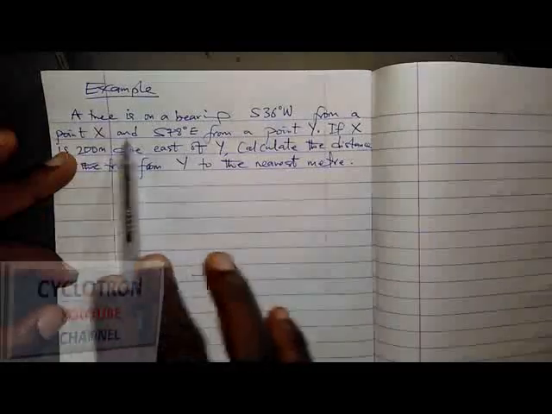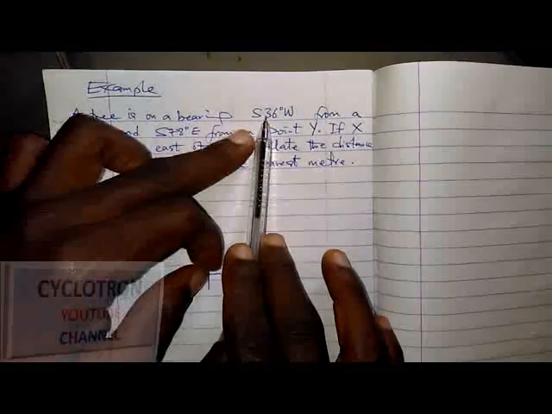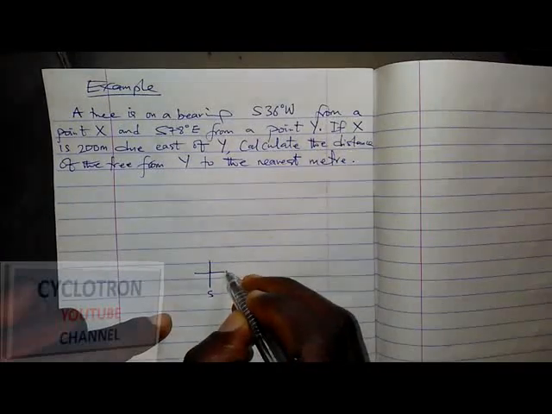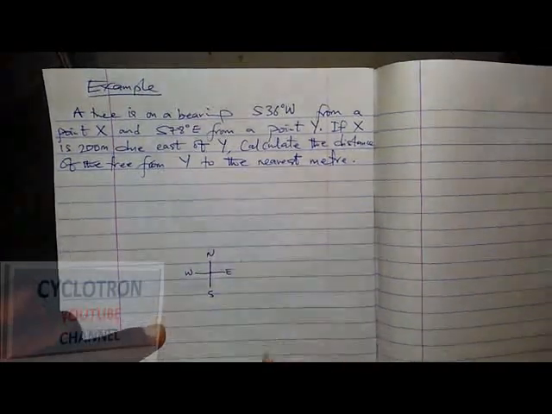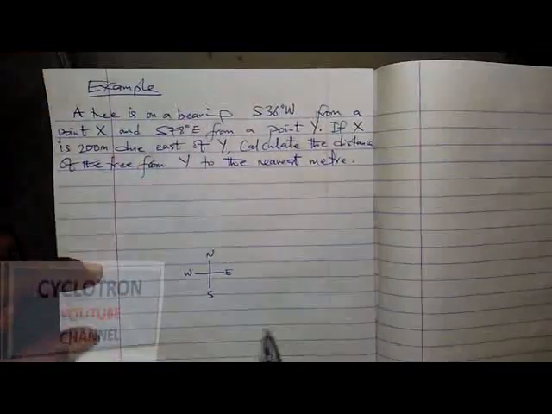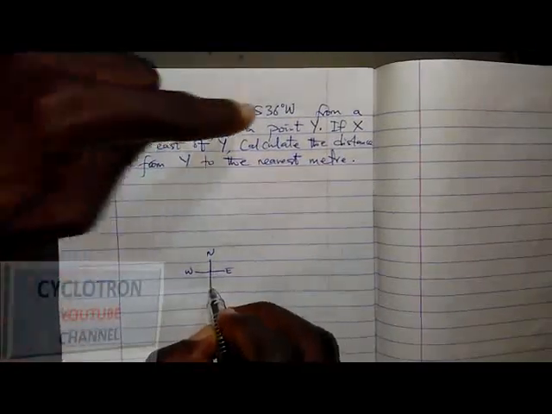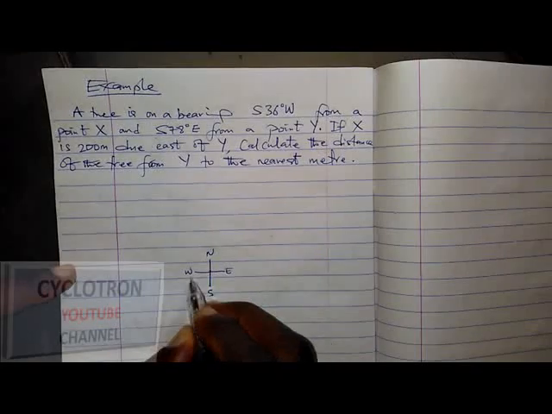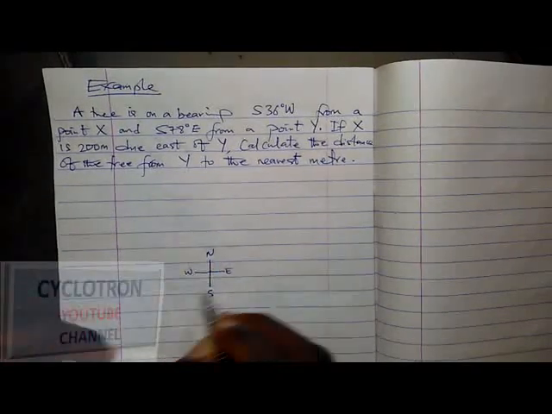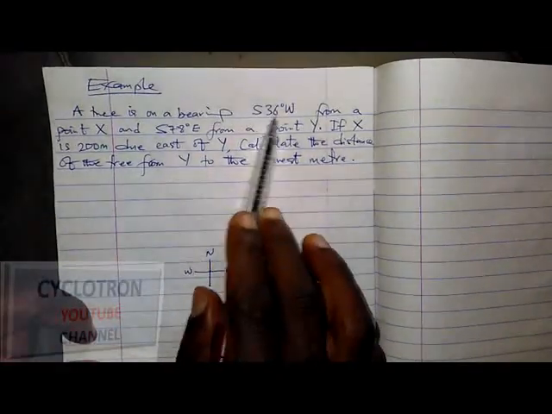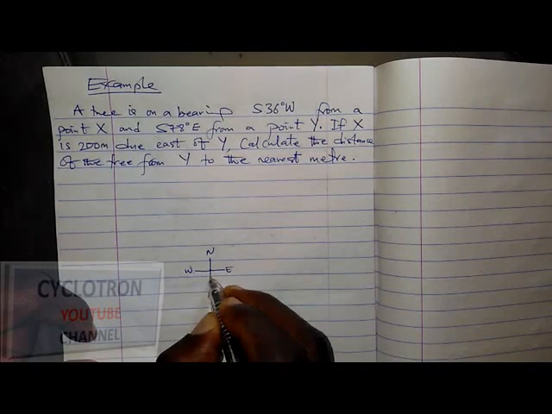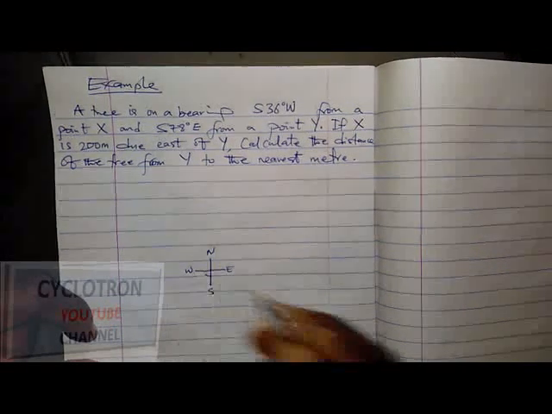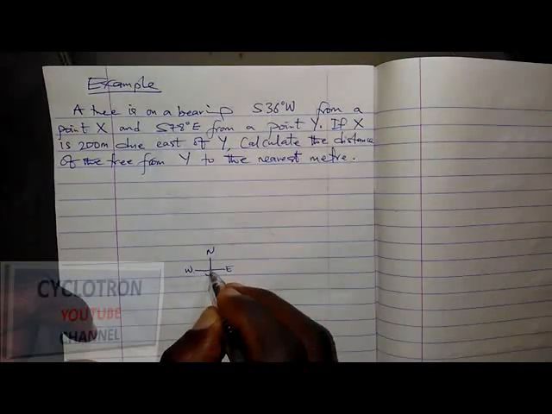Now from point X, south 36 degree west. This south, this east, this west, this north. South 36 degree west. It means you start from south, going to west, going to this side, is on this side, this quadrant. Then you are going to go 36 degree from that. So let's assume you go from here and this 36. So you draw.